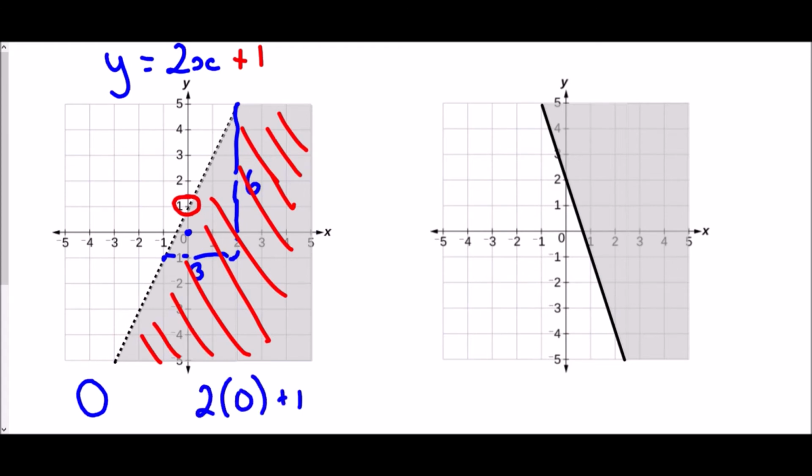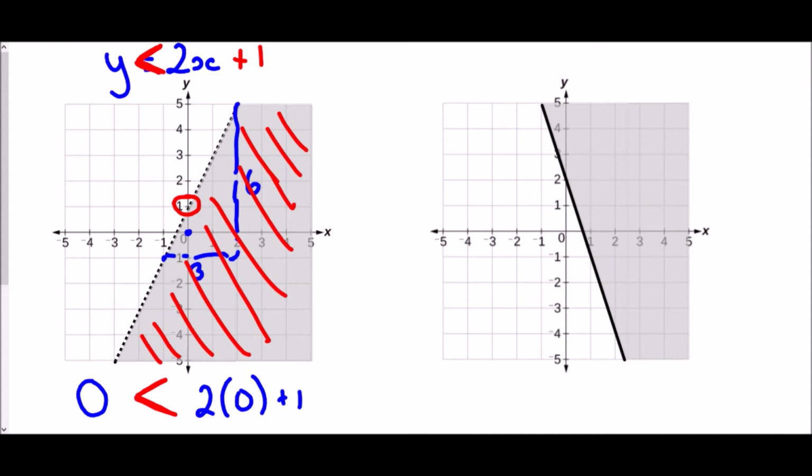What is the comparison between those two? Well, 2 lots of 0 plus 1 is 1, so that is greater than 0. And therefore, the inequality should be the same. And then the question is, is this a less than or equal to, or just a less than? Well, it's a dashed line, so it remains as y is less than 2x plus 1.